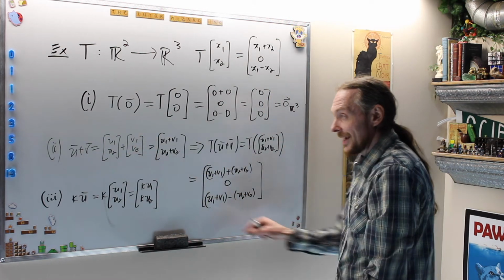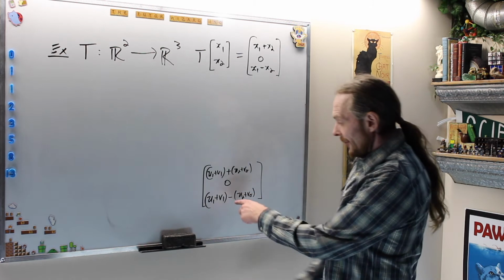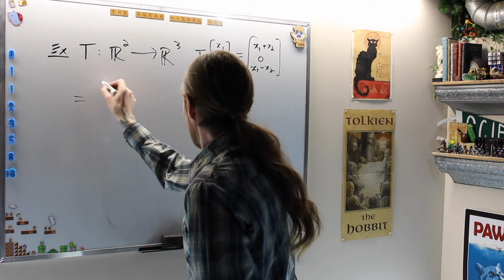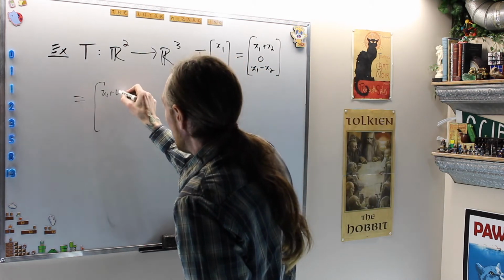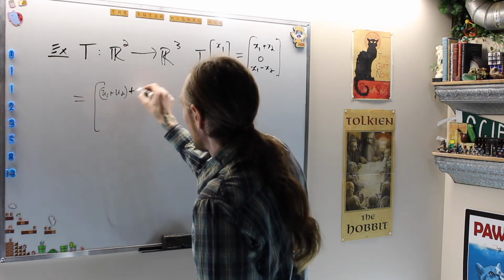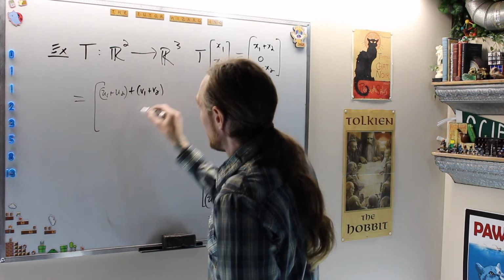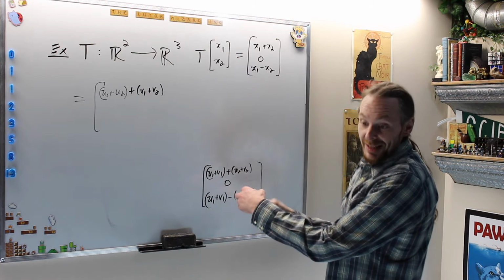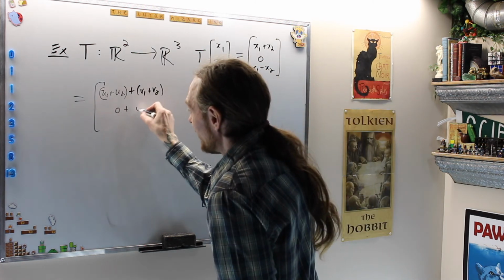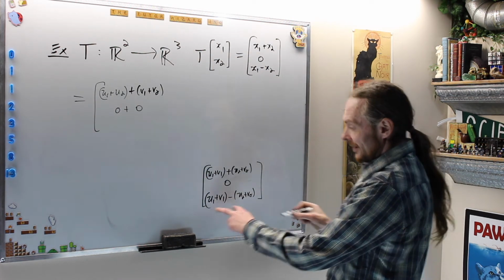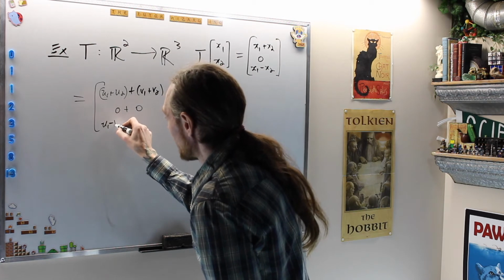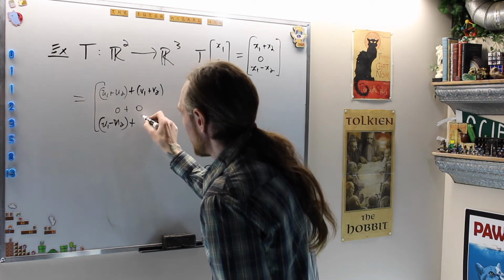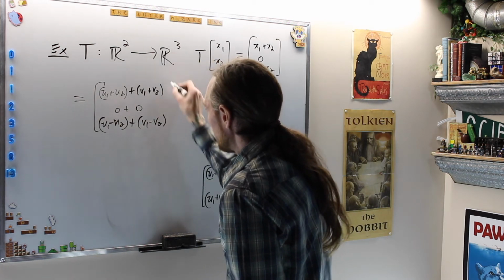I'm going to group everything together. From here, this equals (u1 plus u2 plus v1 plus v2, 0, and I'm going to cheat and expand cleverly, 0 plus 0, and then this one is u1 minus u2 plus v1 minus v2).